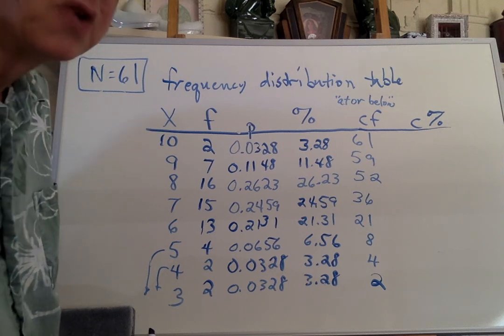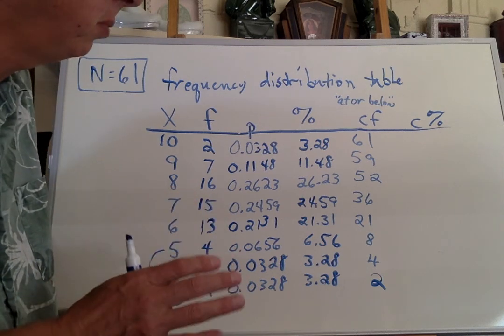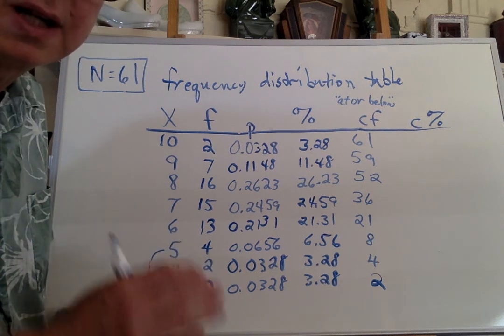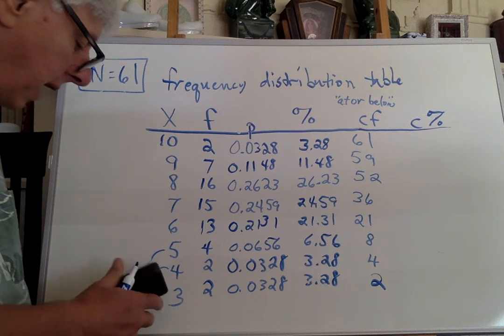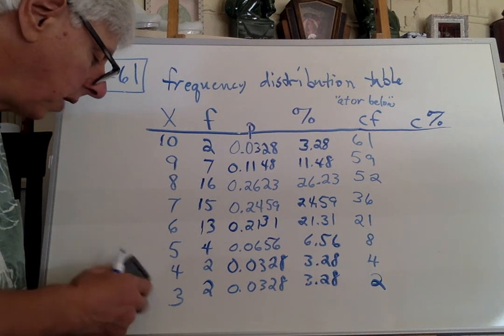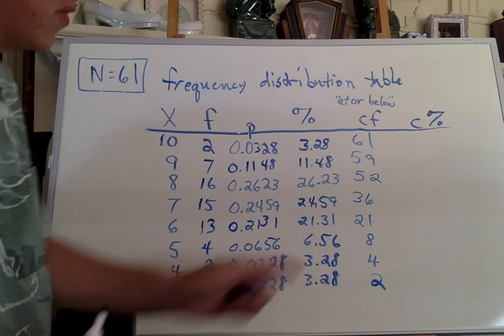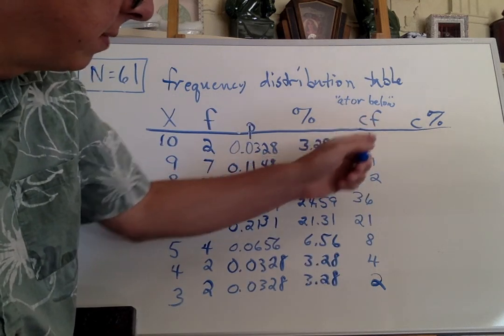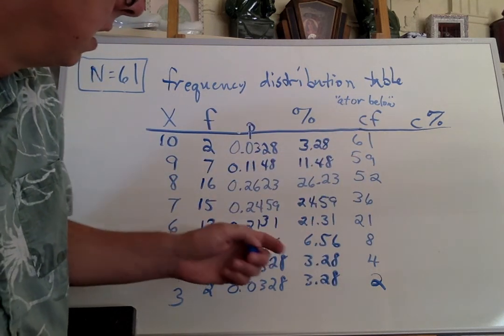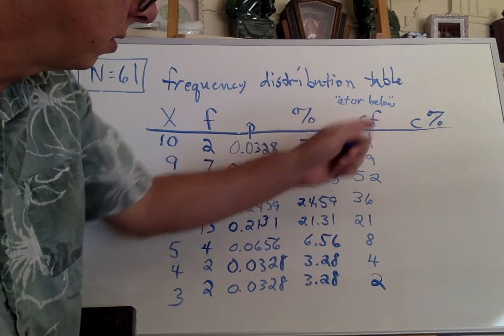All right, so cumulative percentage is the same concept here, but I want you to get your cumulative percentage from this column. I mean, we could do the same thing that we did for cumulative frequency.